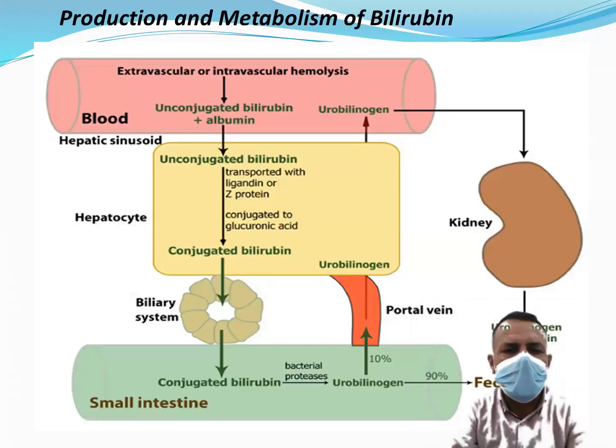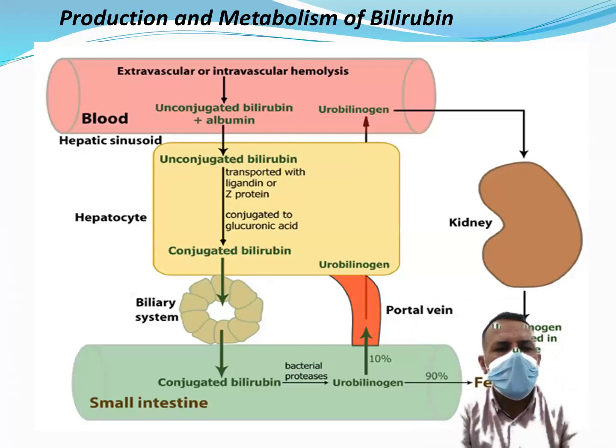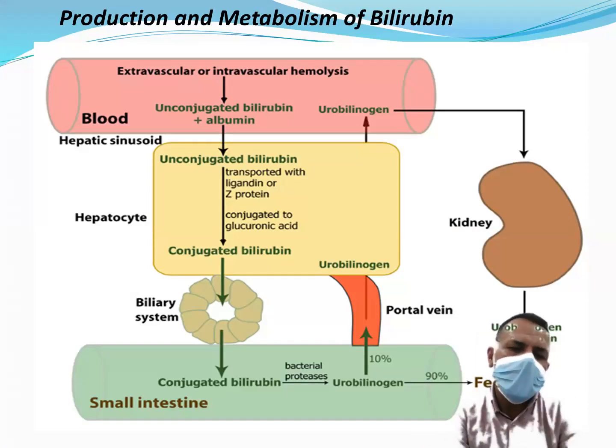This diagram reveals the process of the metabolism of bilirubin. Intravascular or extravascular hemolysis of the RBC results in unconjugated bilirubin. Then it is bound to the albumin, then enters the hepatocyte by a specific kinetic.